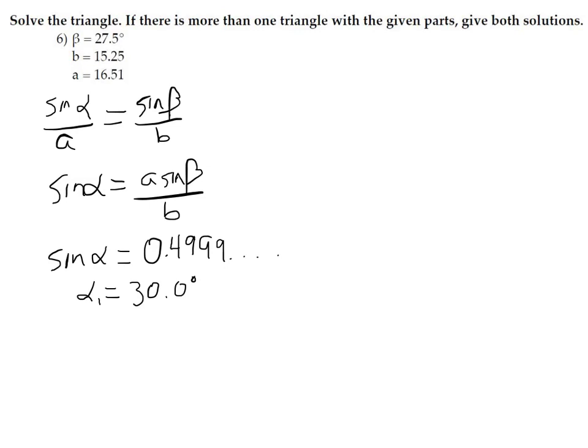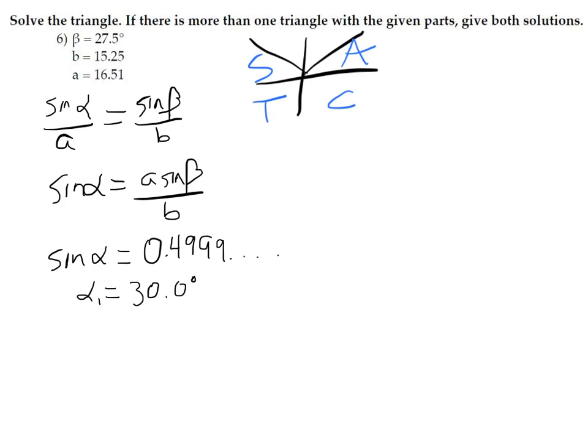Because we have a potential two solutions, there's an infinite number of solutions to sine alpha equals a number. Two of those solutions are possible answers for a triangle. All students take calculus. There are two answers, first quadrant, second quadrant, where sine equals a positive number. So we also need to try out alpha 2.